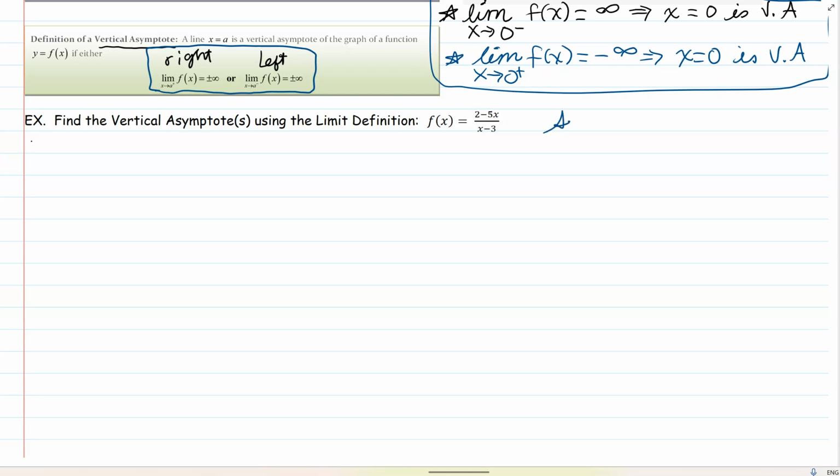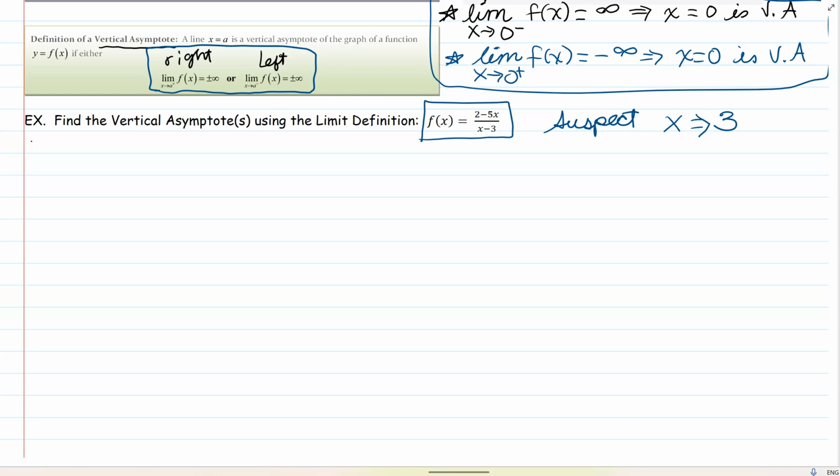So we are after the fact that this function needs to be approaching infinity, right? When you have a fraction, when does a fraction get really large? When the denominator is small, right? The suspect here would be when the denominator is approaching 0, meaning x is approaching 3.